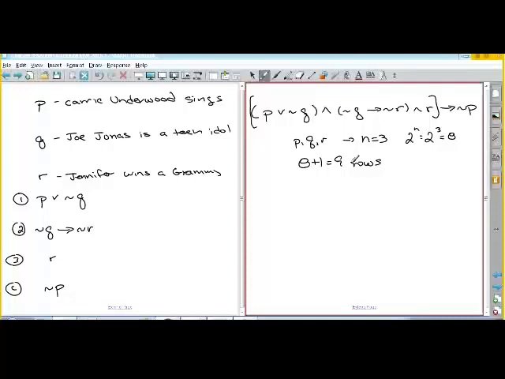So we need 9 rows, just like with 5 and 9, and the next one was 17, I think. For the columns, we have N, which is 3, so we have 3 columns for the 3 letters. And then we need to find out how many columns we need to represent this logic statement. So why don't you count that, and we'll do a little quiz here.